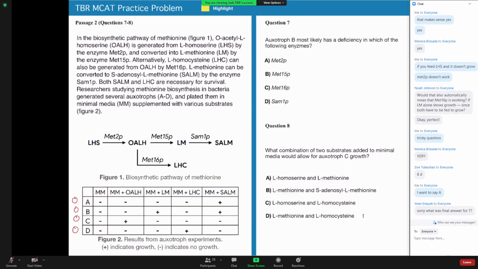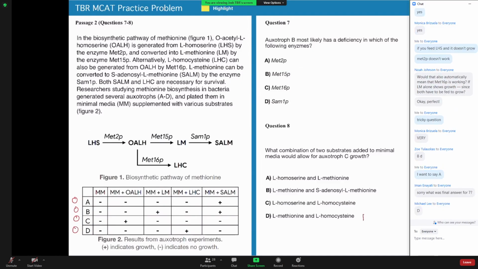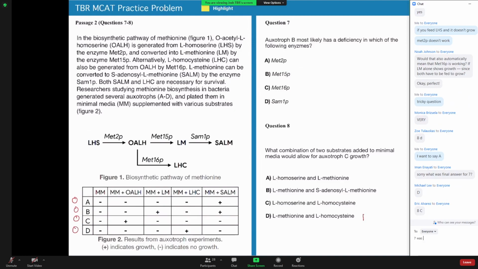So we got one for D. Oh, and the final answer for this one is MET 15P.